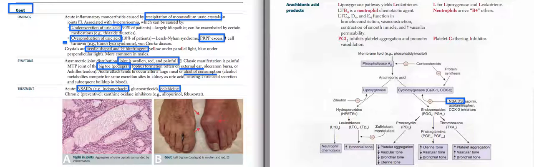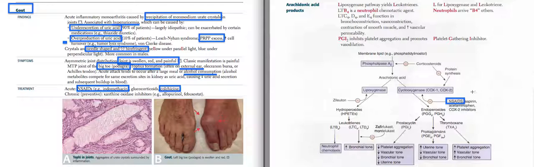Now, of course, what you want to realize here is that beyond cyclooxygenase, if we're not inhibiting, we see prostacyclin, prostaglandins, and thromboxane basically causing a multitude of changes within both our coagulation as well as our immune pathways here.